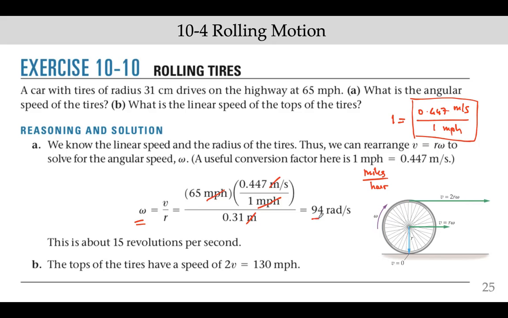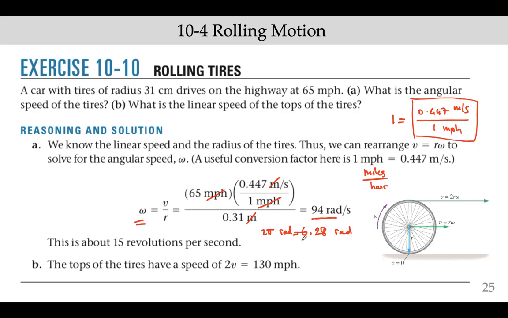So 94 radians per second. Now, if you think about it, 2 pi is about 6.28 radians.